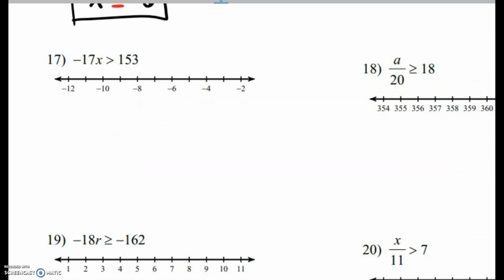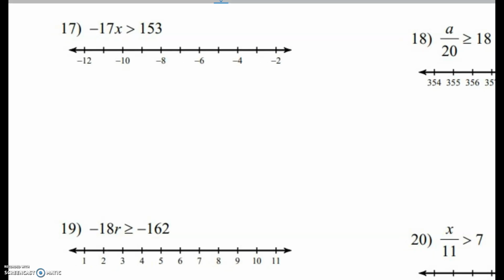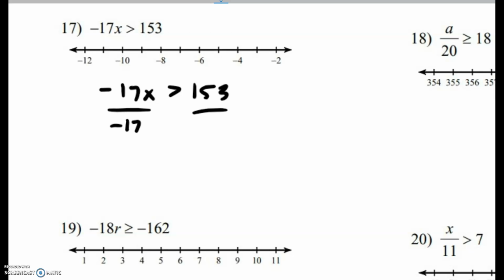All right, number 17. Okay, very similar to the last problem. I'm going to start by writing down the inequality, give myself some space to work. Okay, I want to get the x by itself, so I'm going to divide both sides by the negative 17. Negative 17 eliminates.